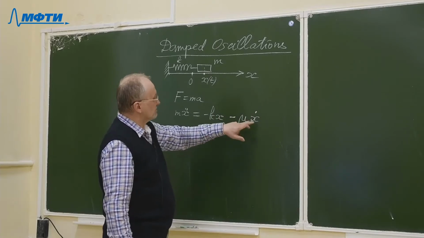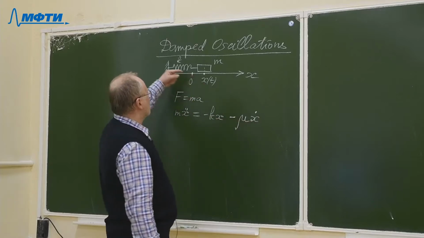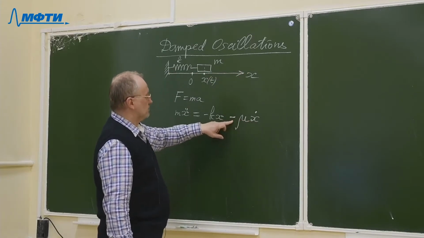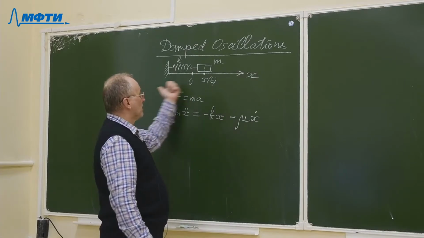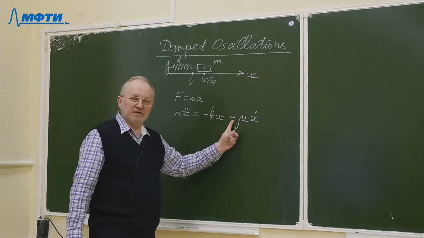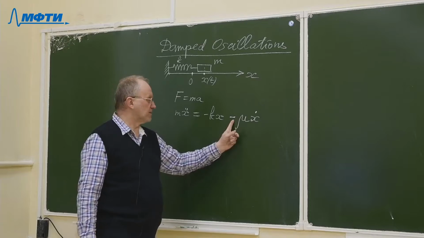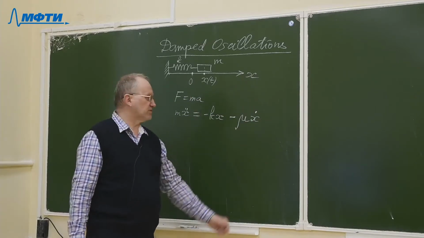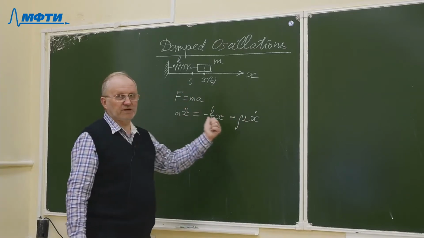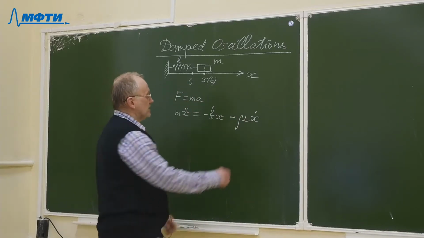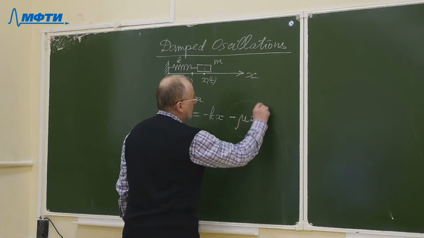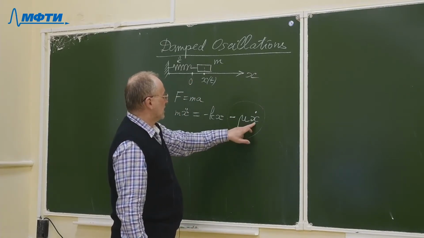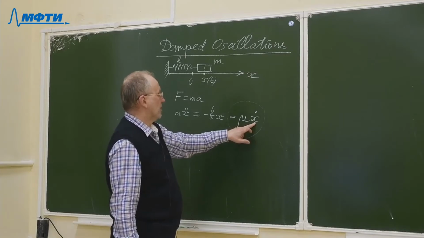And again, if the velocity is positive, that is directed to the right, then the force of air drag will be directed to the left. That is why we will have a minus sign here. Again, all the quantities directed to the right will be positive, and all the quantities directed to the left will be negative. So that is the force of air drag. What is important is that this force is proportional to the velocity of the body.